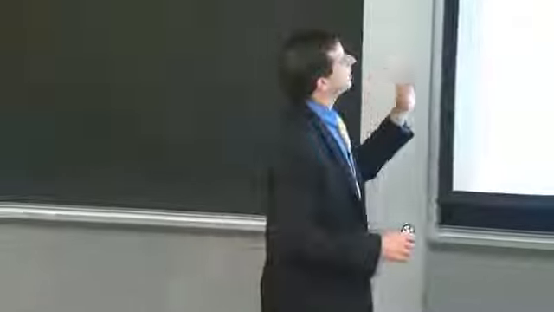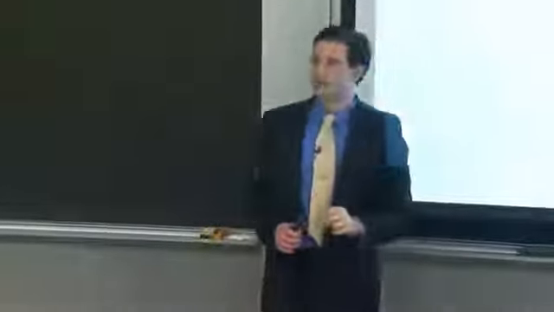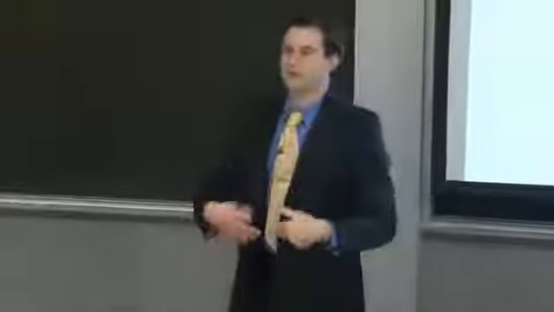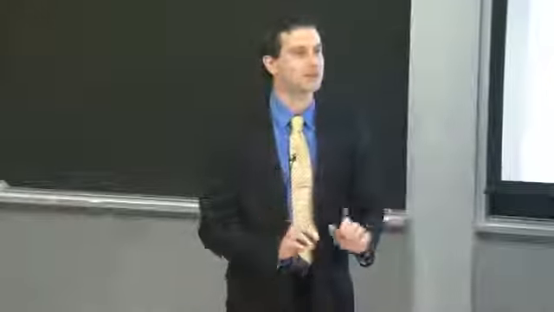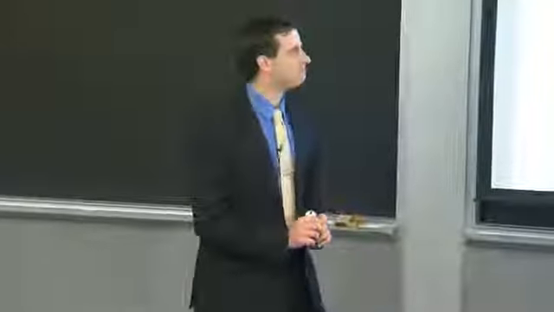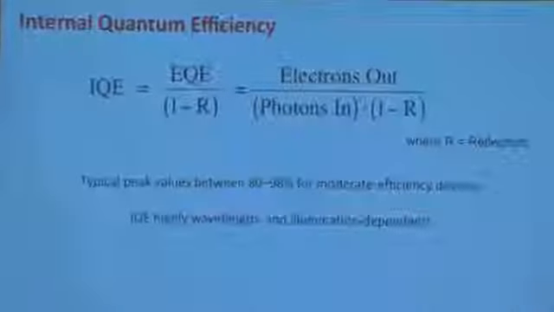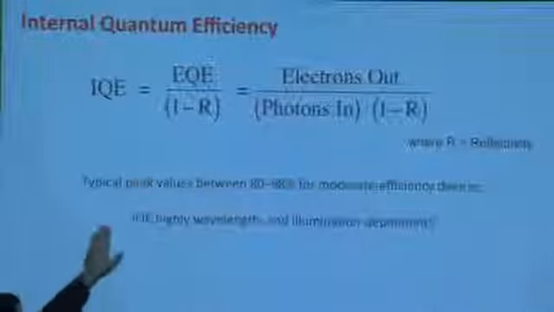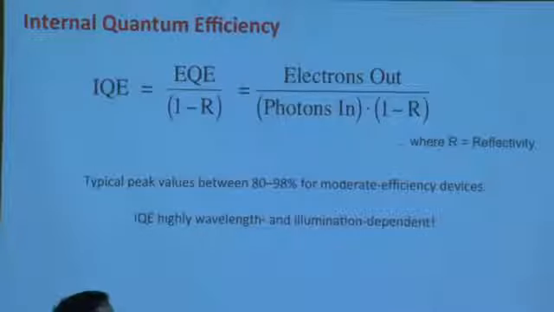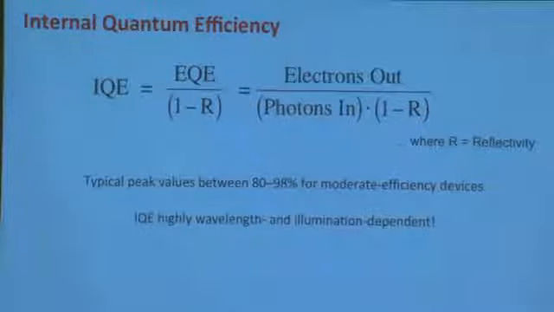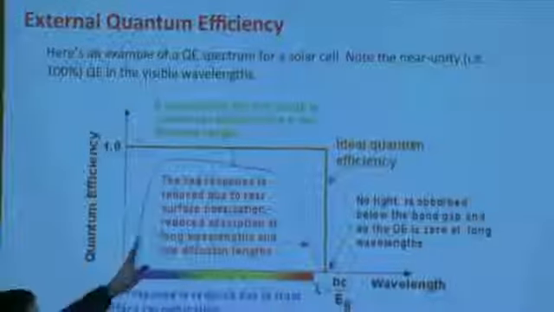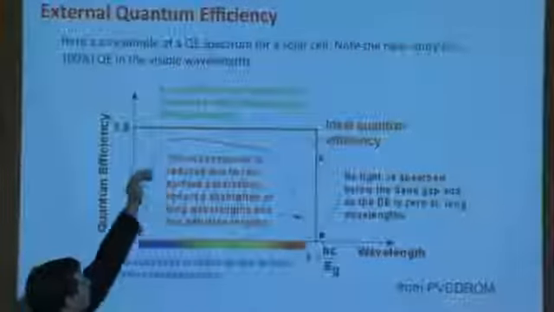And so IQE gives us a good metric of how the solar cell is responding if we were to go through all the effort to make the light capture ideal for our device. Okay? And that's why we sometimes use or report IQE in studies. And typical peak values are between 80 and 98% for moderate efficiency devices. So essentially, the curve would look very much like the EQE curve, just boosted up by 1 over 1 minus r.